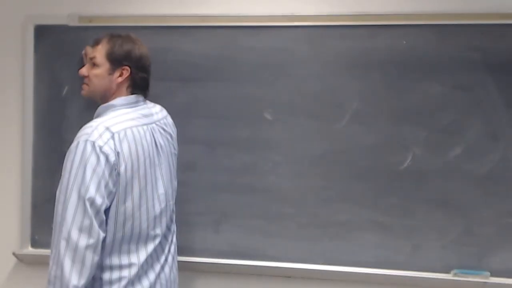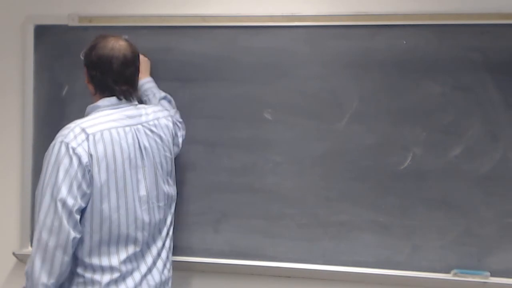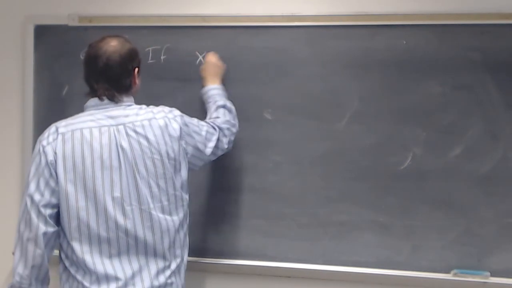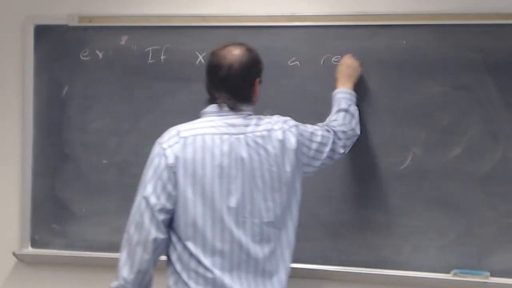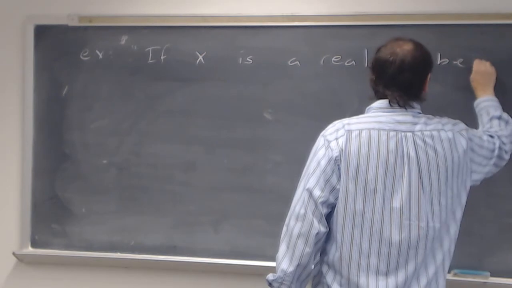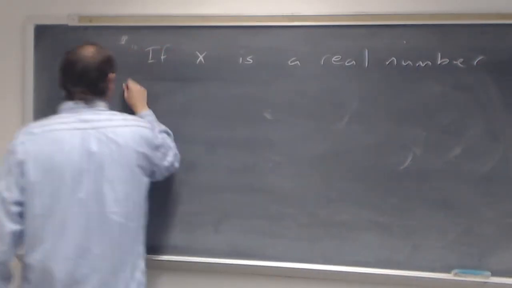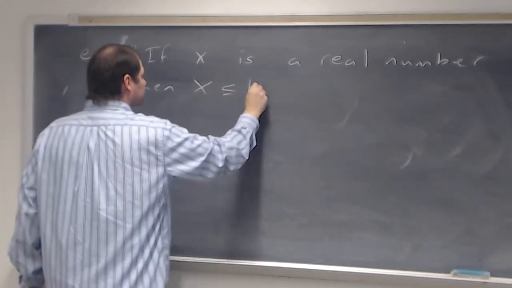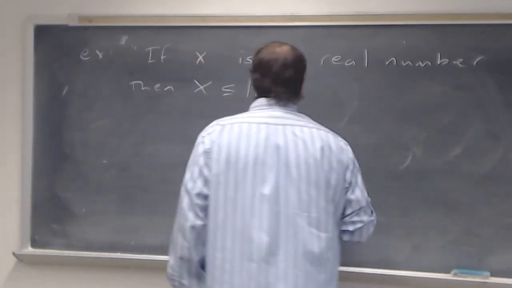Okay, so as an example of that, let us prove if x is a real number, then x is going to be less than or equal to the absolute value of x.